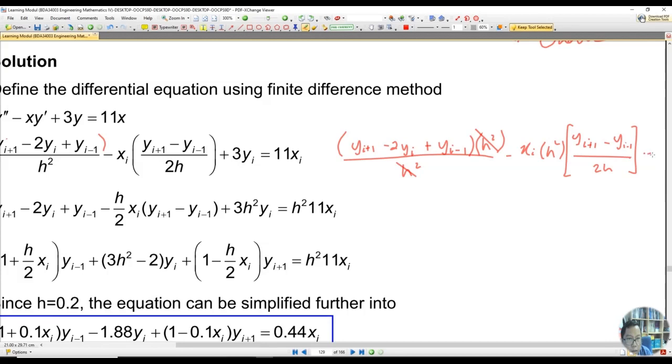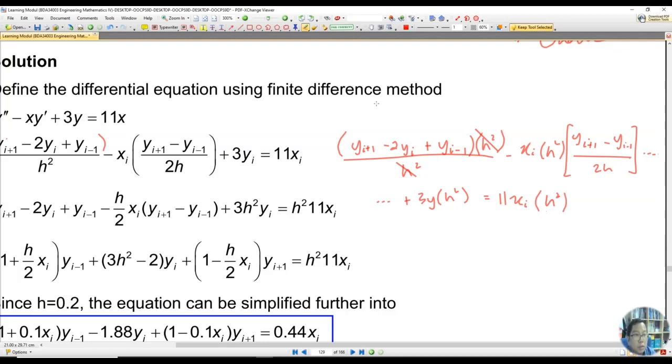I will continue here. Plus 3y h to the power of 2 equal to 11x_i multiplied by h to the power of 2.